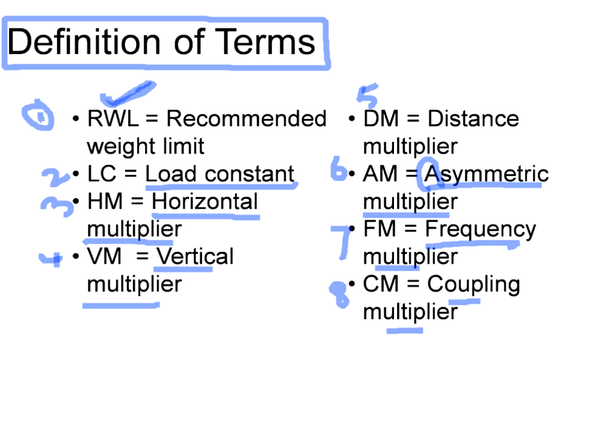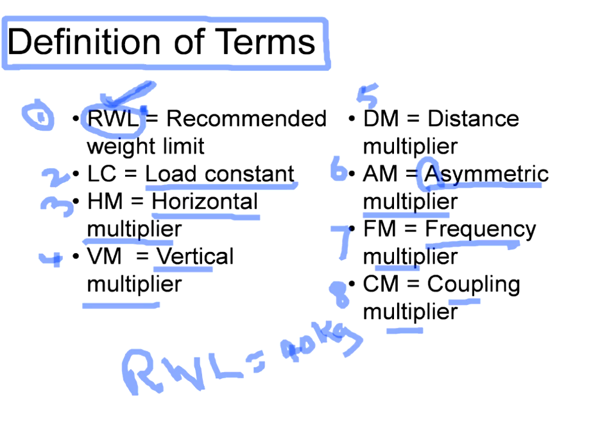Number five is DM, that is distance multiplier. Number six is AM, asymmetric multiplier. Symmetric means same, asymmetric means a different position, different weight, they are not the same. That is why they call it asymmetric multiplier. Number seven is FM, frequency multiplier. And number eight is CM, coupling multiplier. These are the different factors.